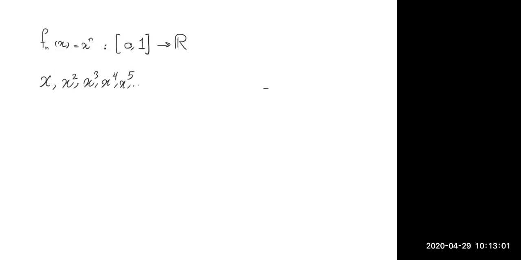Now, something we can do is look at this sequence of functions fn of x equals x to the n as a map from the unit interval 0 to 1 to R. Okay, so for example, the first function in this sequence is x, the second one is x squared, x cubed, x to the 4, x to the 5th, etc. If I look at the graph of these functions, the first one goes from (0, 0) to (1, 1).